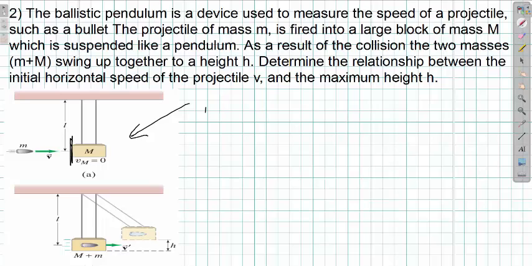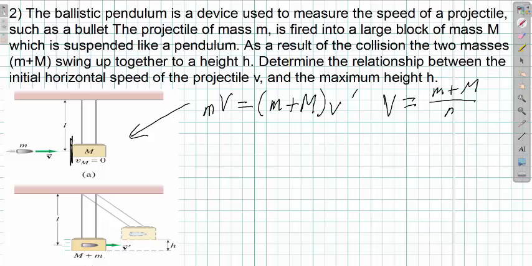So we have little m v equals little m plus big M times v prime, where v is the velocity of the bullet before, which we're actually interested in, so we should solve for that. V equals little m plus big M all over little m times v prime, v prime being the velocity of the ballistic pendulum plus the bullet inside of it.